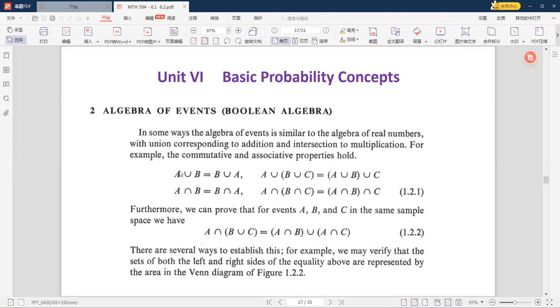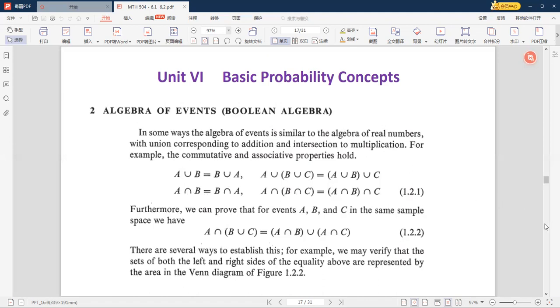If you do these correspondences, then you see the distributive law, the commutative and associative laws hold for both, if you just change union and intersection into addition and multiplication.